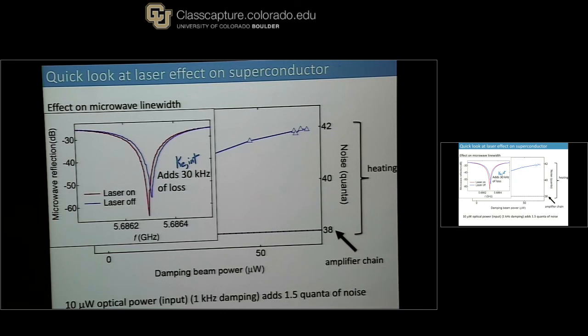So this is good from a perspective of, okay, we don't turn on the light and everything dies, but there's definitely some effects that we have to understand in terms of where is this light coming from, how much light is actually hitting the superconductor, what different kinds of superconducting thin films could we use, how could we mitigate this scattering. Okay. All right. Any questions at this point?